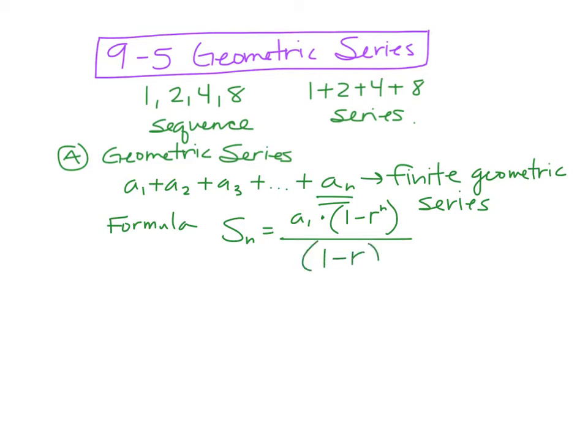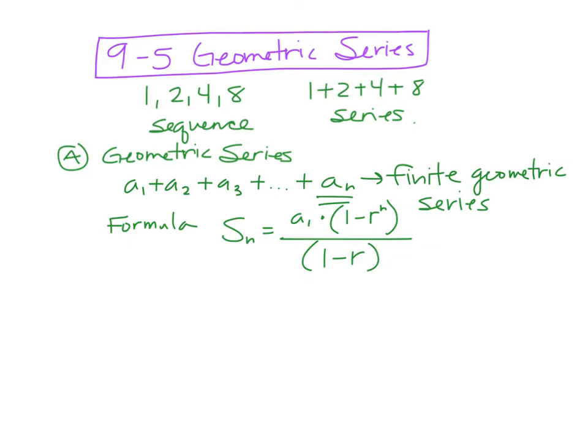So it looks like this. A sub 1 times parentheses 1 minus r to the nth power, parentheses, divided by parentheses 1 minus r. Technically, you don't need to finish that one, but just to make it look nice, we'll finish it off, okay? Like I said, don't need to memorize this. You do need to make sure you use parentheses.